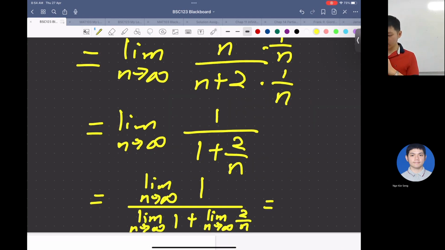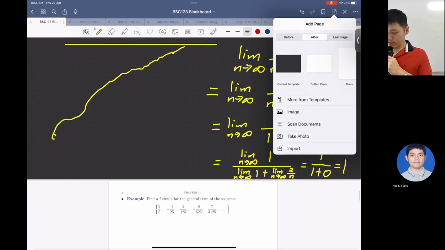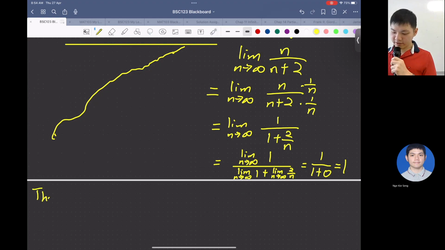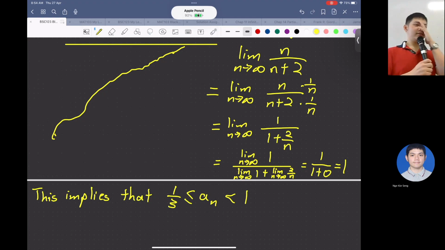So this is just 1 over 1 plus 0, which is 1. So this implies that 1 over 3 is less than a_n is less than 1. Correct or not? No one has any suspicion?